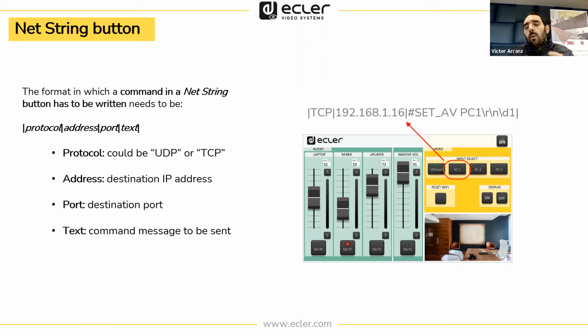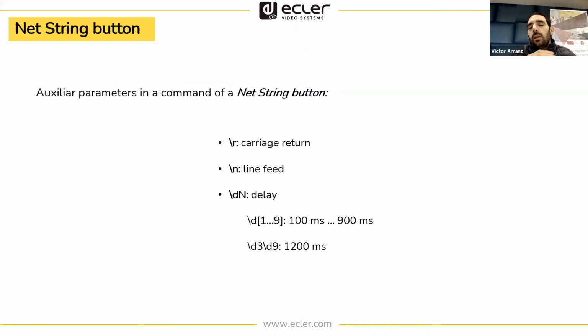And also, for time adjusting purposes between the systems, because sometimes products have different communication processes that require a bit of adjusting in the time frame of the communications, we can also add these auxiliary parameters.